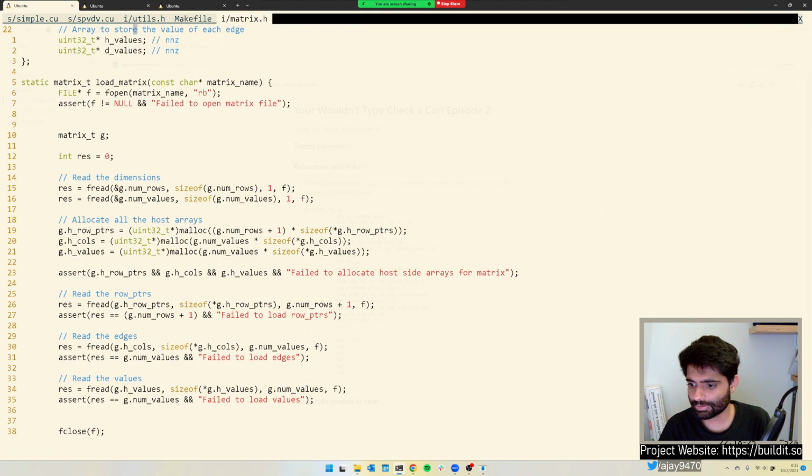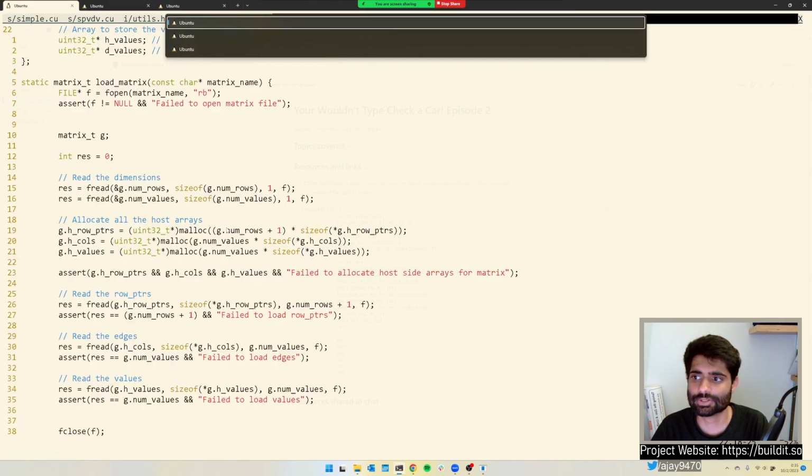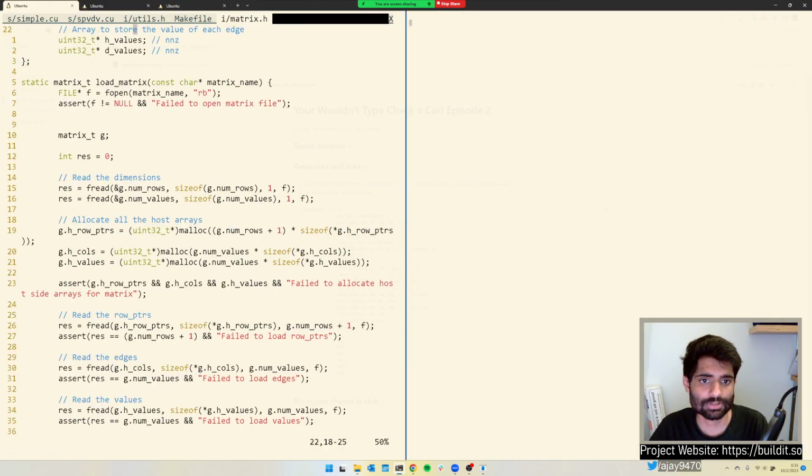This should be it now. I'll start writing the code for the SpMSpV. Just give me a second. I need to check if I did this correctly. Hold on.